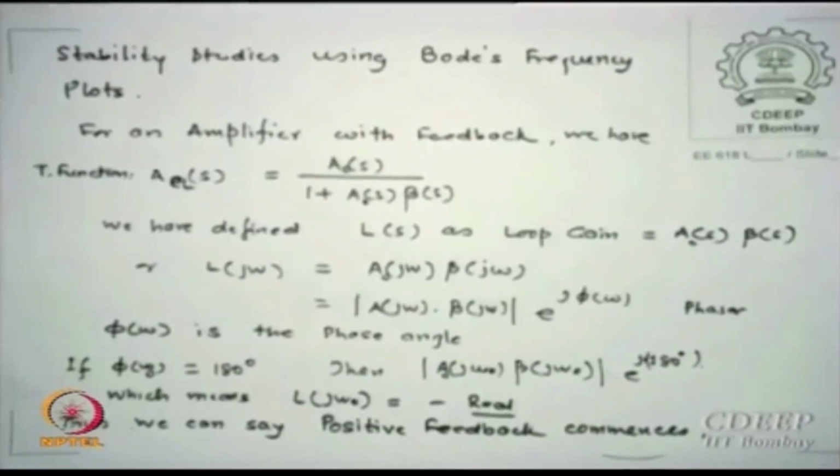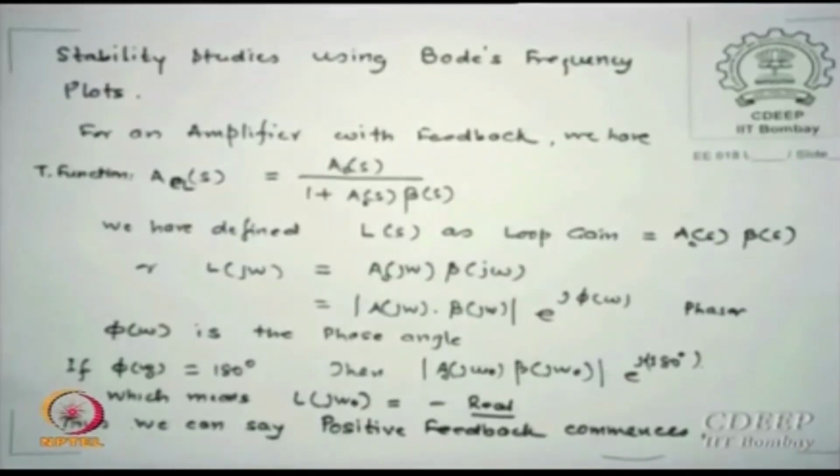Now if I see clearly that at a given frequency omega 0 the phase at that frequency is 180 degree, then this loop gain at that frequency is essentially minus 1, because there is no sin 180, only cos 180, so it is minus 1, and therefore this quantity is real and negative.